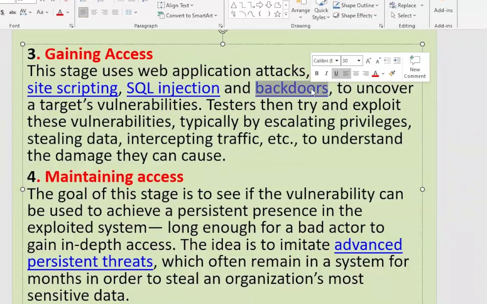What is SQL? Structured Query Language. Under this there are so many things: data definition language, data manipulation language. What is the difference between DML and DDL? Under this there are so many commands.